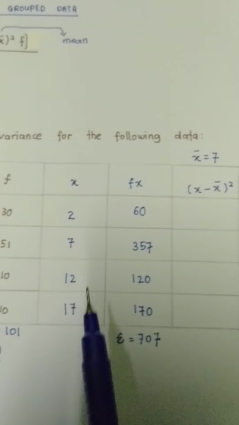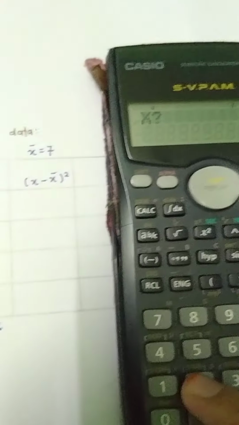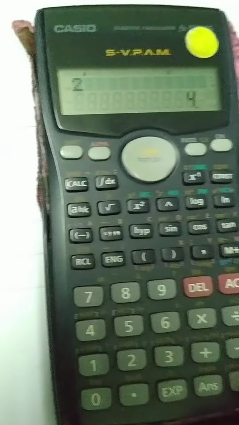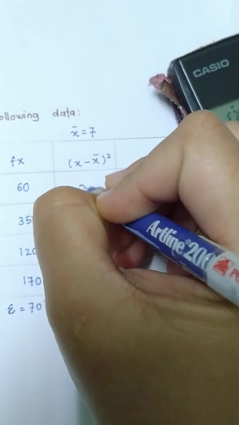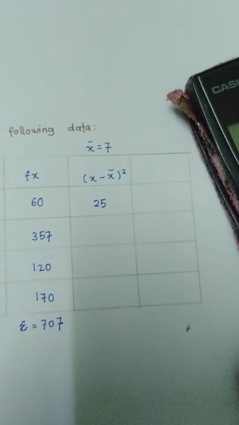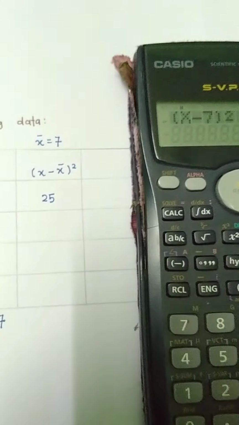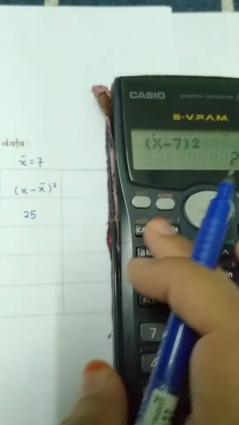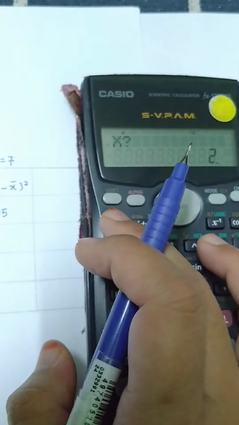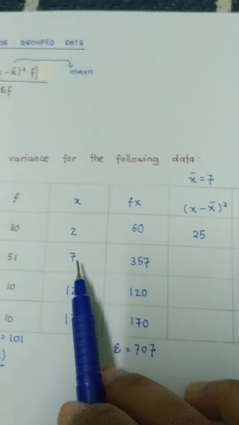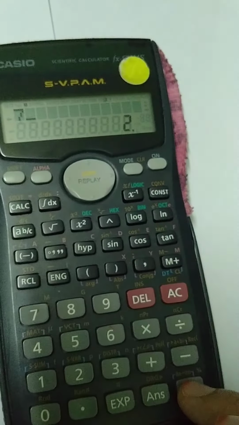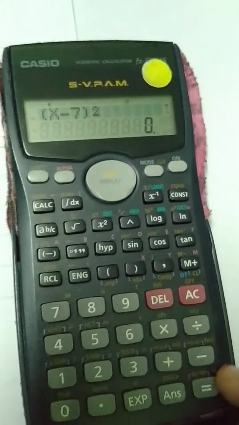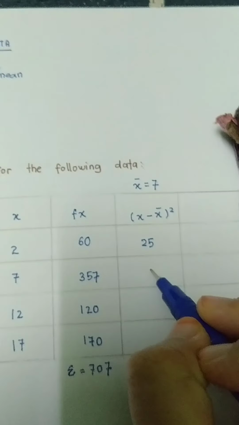Our first x is 2, so substitute x equals 2, and then equal to 25. For the second class, calculate, and the value of x is 7, so x equals 7, and then equal to 0.